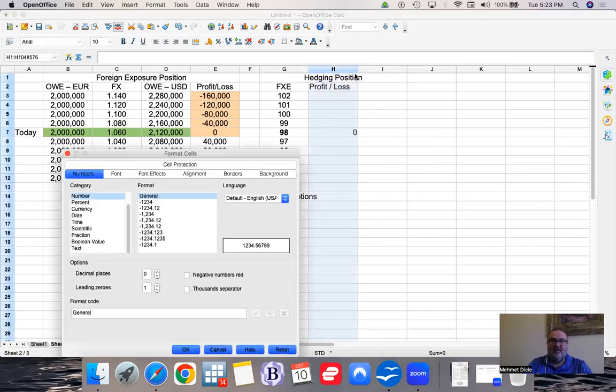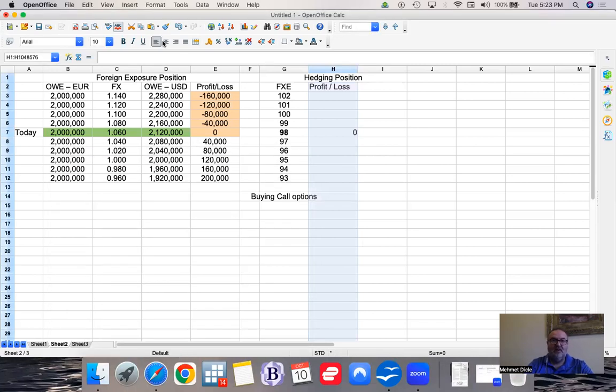And as the exchange rate or the price of FXE goes up, we actually make money. And remember, each contract is 100 shares. So at this point, if the exchange rate or the price of FXE goes up by 1, then we go 99 minus the 98, and that's a $1 profit.